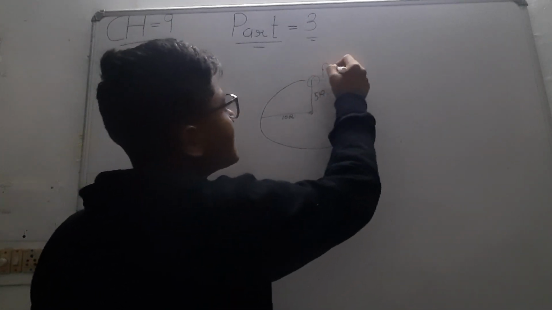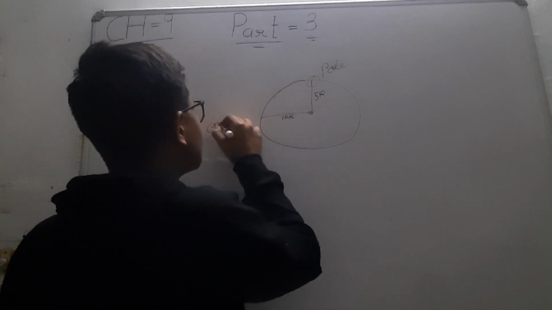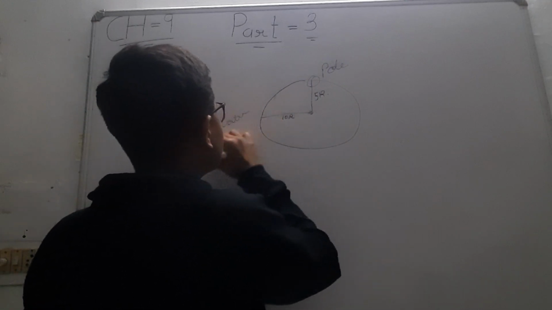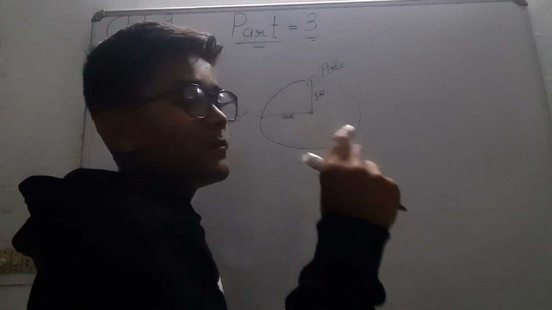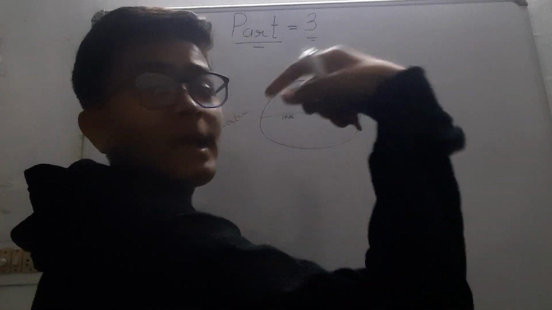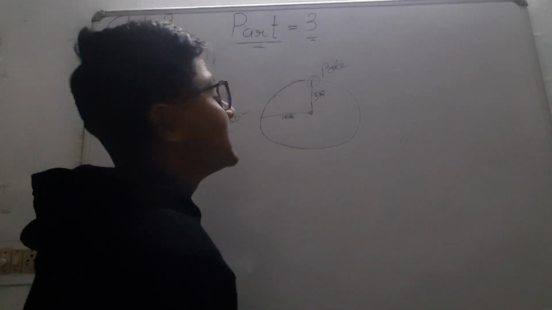This is known as pole and this is known as equator. Okay, so the value of small g will be maximum at the pole and minimum at the equator.